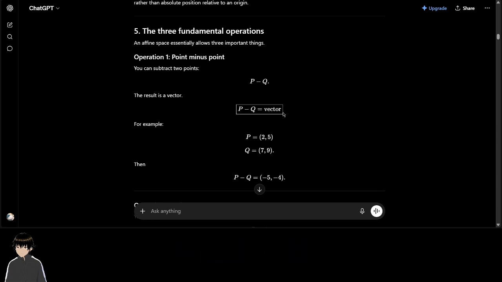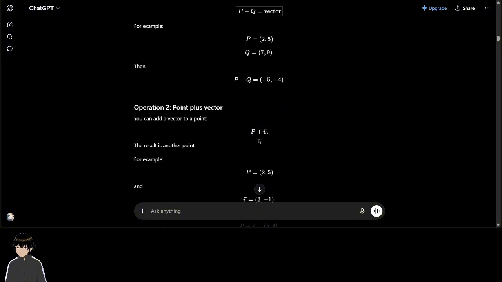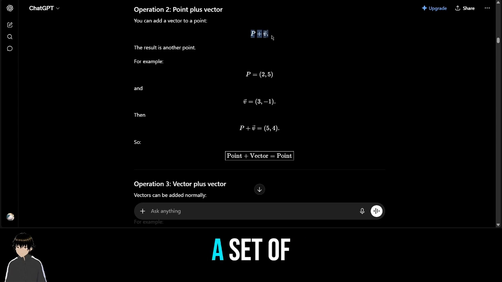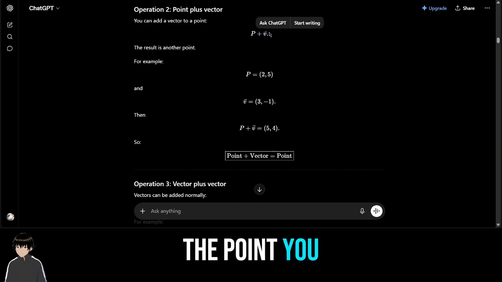Okay, and if you add a point, a location in a certain space, with a vector, you still get another point.